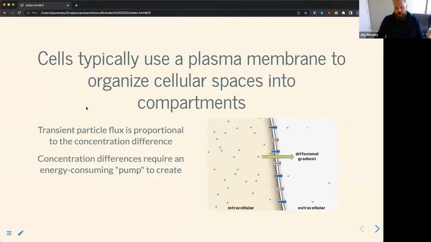You need pumps, right, to push ions across against the gradient to create this ion concentration difference that you can use to promote action potentials and other things. So membranes are important, right? So how can the inside of the nucleus function without them?